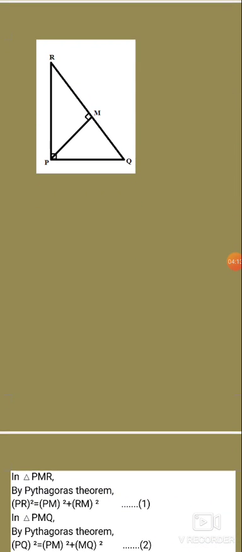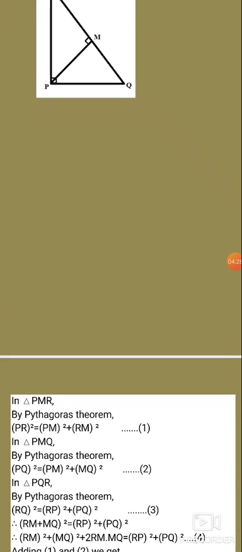In triangle PMR, using Pythagoras theorem, PR square is equal to PM square plus RM square. Put equation number 1. Now in triangle PMQ, using Pythagoras theorem, PQ square is equal to PM square plus MQ square. Now in triangle PQR, by using Pythagoras theorem, RQ square is equal to RP square plus PQ square.